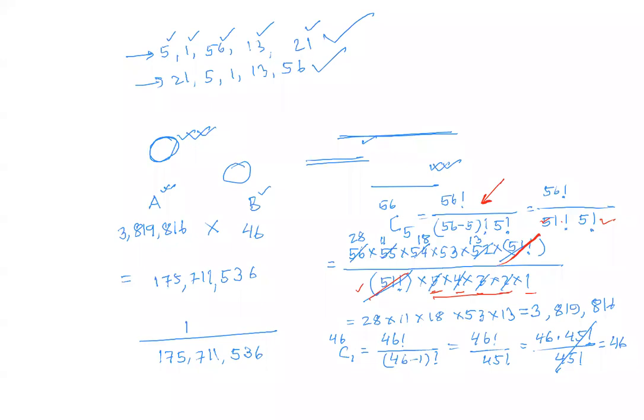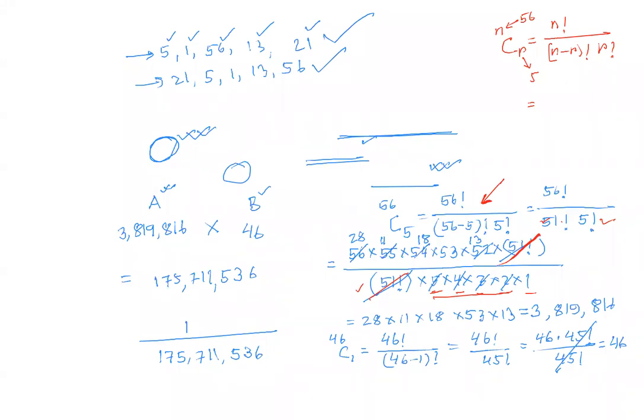So remember, the formula for combination: you have n items, nCr, you're selecting r items out of it, is going to be n factorial divided by n minus r factorial times r factorial. And in our case, n is 56, r is 5. So you just plug in those values because there are 56 numbers from which you select 5 numbers, right?